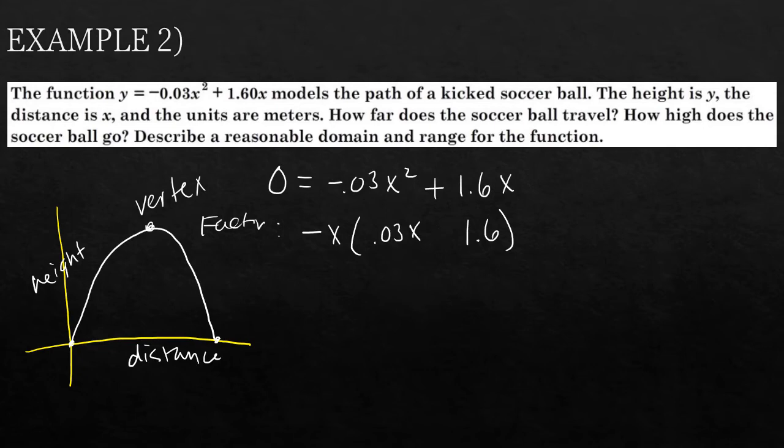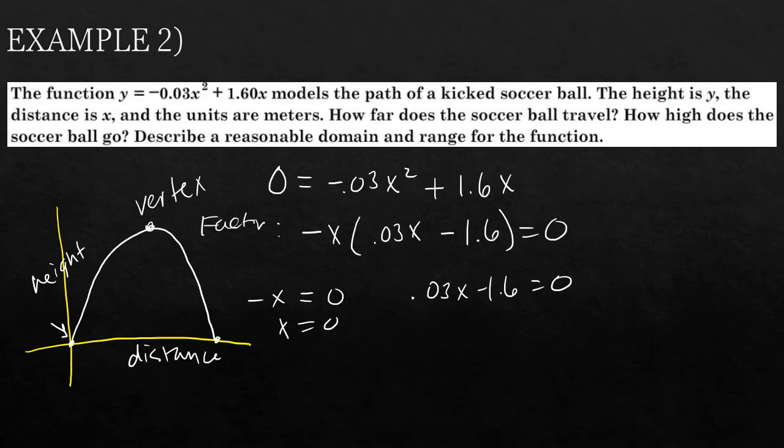We factor out a negative, a positive becomes a negative. And this equals 0. So like we said, you're going to take your negative x, set it equal to 0, take your binomial factor and set it equal to 0. So obviously we know x equals 0. We knew that because it started at 0 distance.